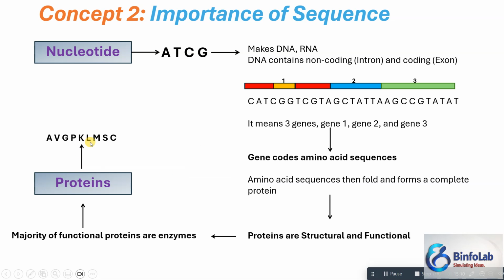Once you understand this, it will be easier for us when we study sequence manipulations, mutations, and all those things. That's why I thought these two concepts are necessary for any beginner.